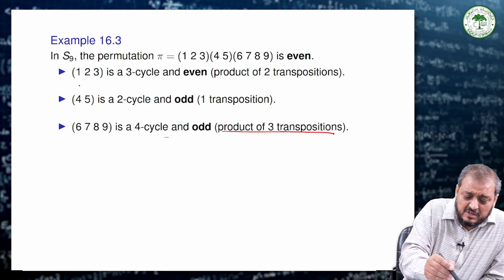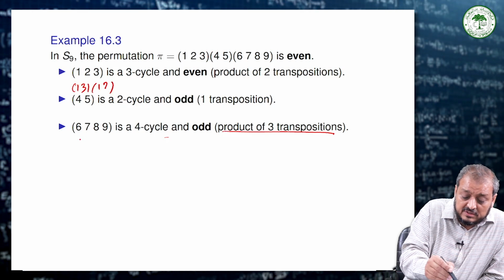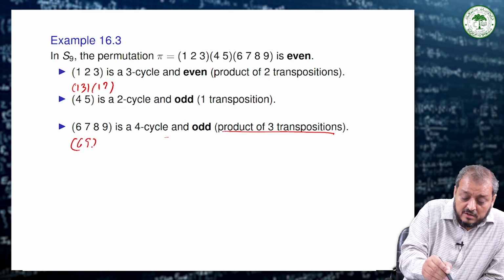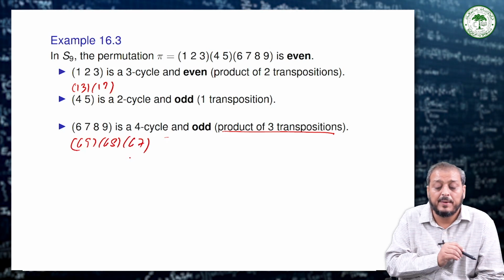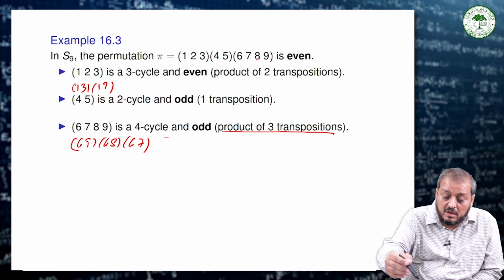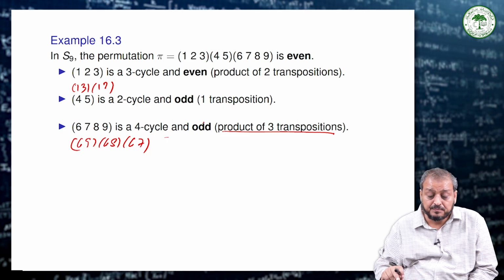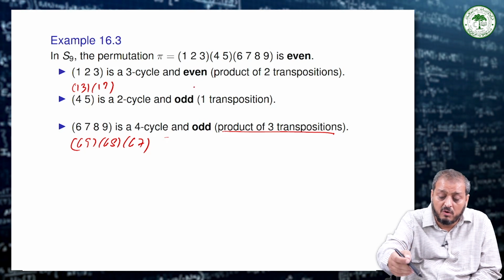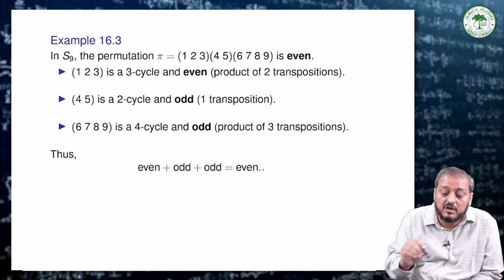Clearly, we can also write it in the form (1 3)(1 2) and (6 9)(6 8)(6 7). So this is nothing but even, odd and odd. Even plus odd is odd, odd plus odd is even.